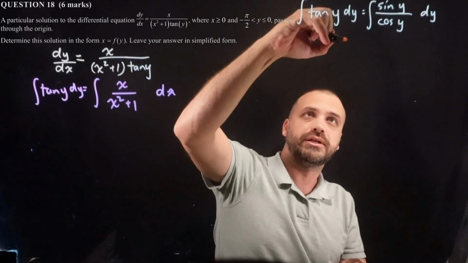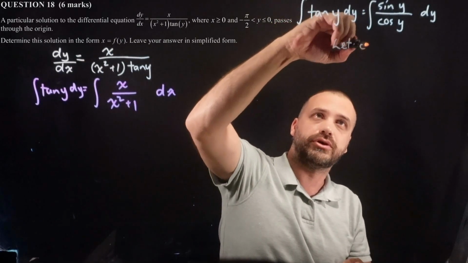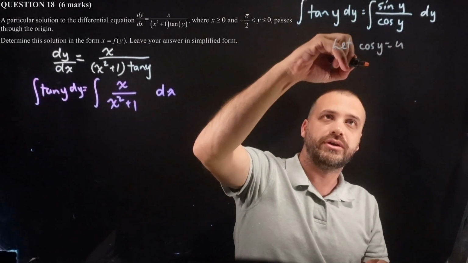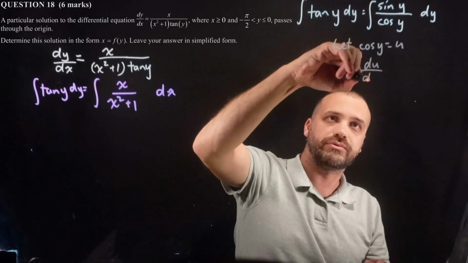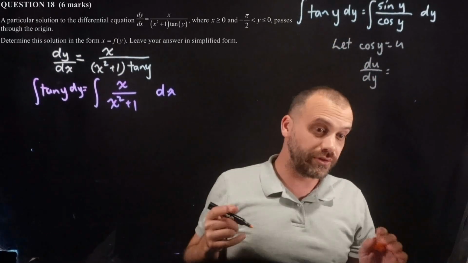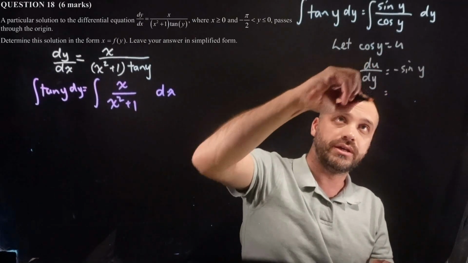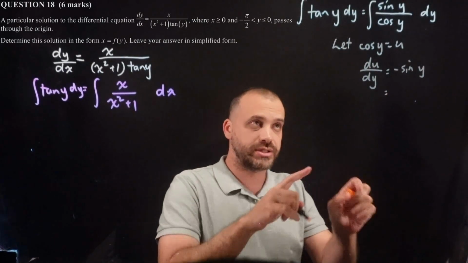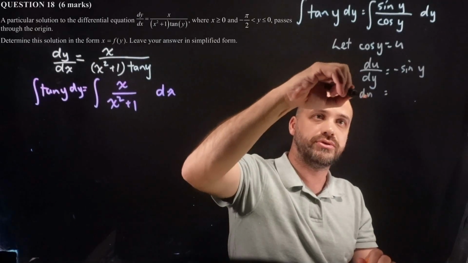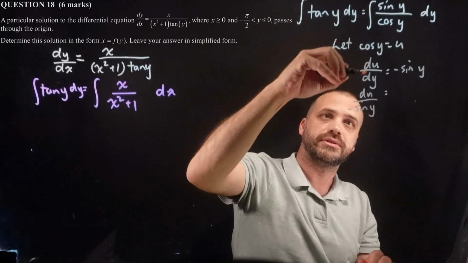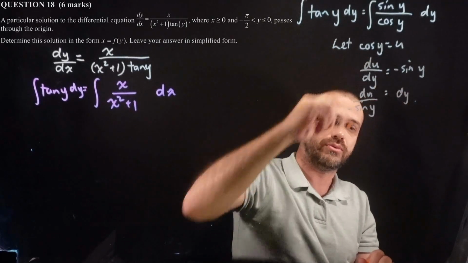So I'm going to let cos y equal u, and I know that the derivative of u with respect to y, so the derivative of cos y, is negative sine y. And I can rearrange this now as du over negative sine y equals dy.